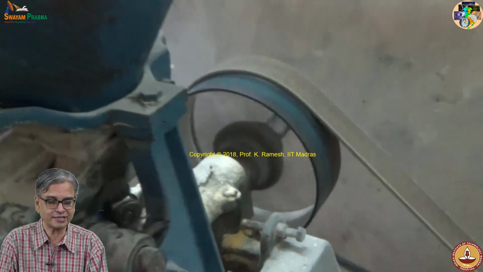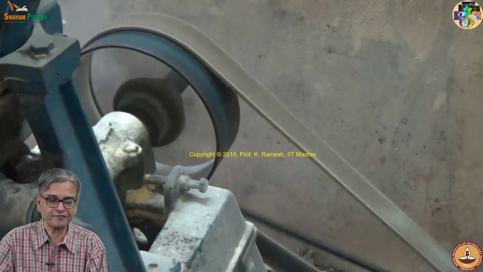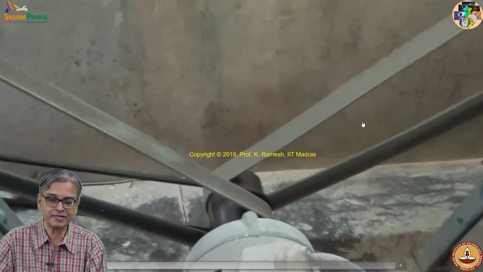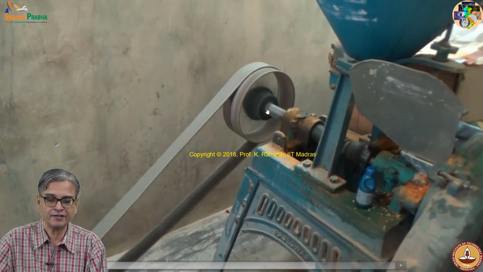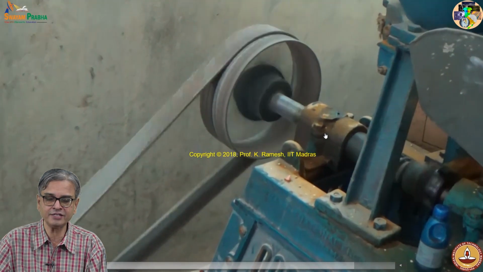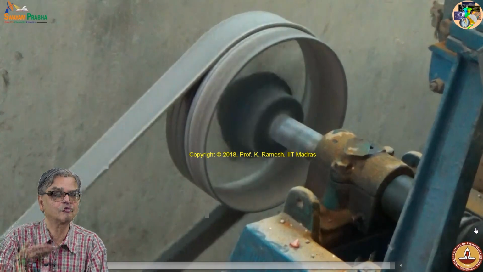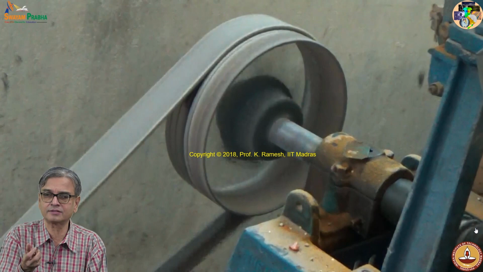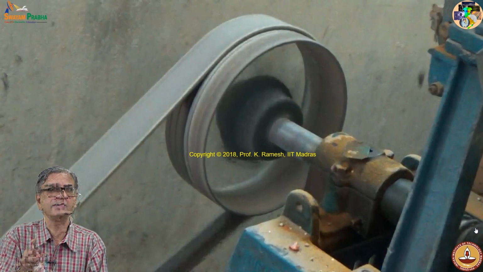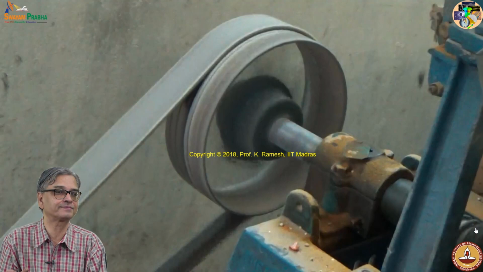You have an Atta Chakki, we would see a shaft that is transmitting torque, and this is also supported by bearings. So, this shaft is subjected to torque, bending, and in some cases also axial loading.